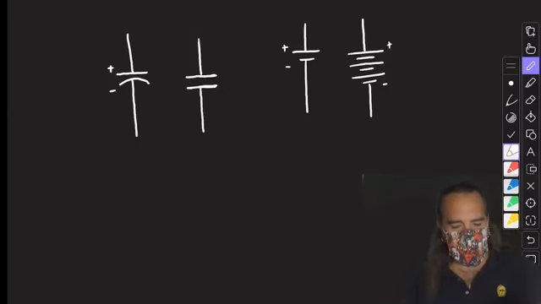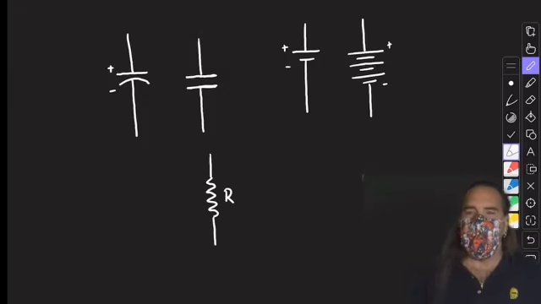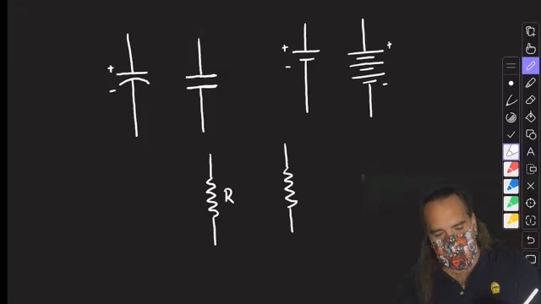And just because we're making this a bit of our discussion, a resistor, which is a current device, is a squiggly line. There's multiple ways to draw this.